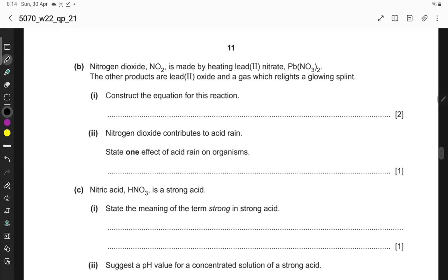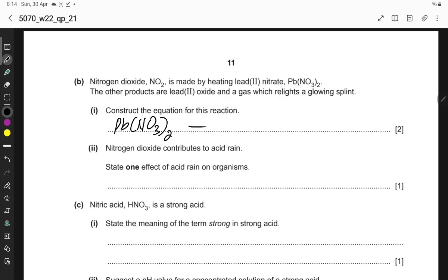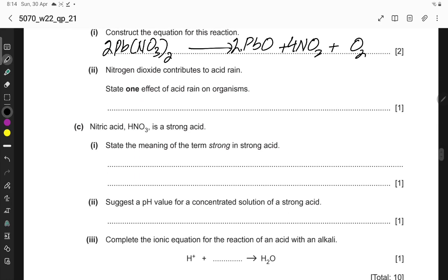Nitrogen dioxide is made by heating lead 2 nitrate. The other products are lead 2 oxide and a gas which relights a glowing splint. Pb(NO3)2 to form PbO, nitrogen dioxide, and this is oxygen gas. So balance this equation, 2PbO. Nitrogen dioxide contributes to acid rain.